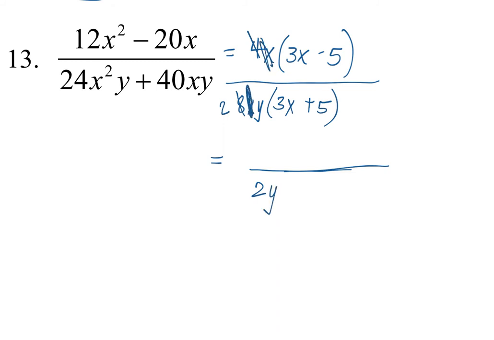The y stays. And now, whenever you're looking at 3x minus 5 and 3x plus 5, you're wanting to cancel them, but you can't. The 3x's don't cancel, the 5's don't cancel because they're married, right? The 3x is married to the -5 by the minus sign. The 3x here is married to the +5 by the minus sign.